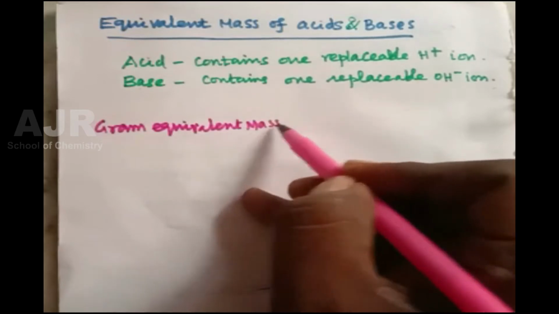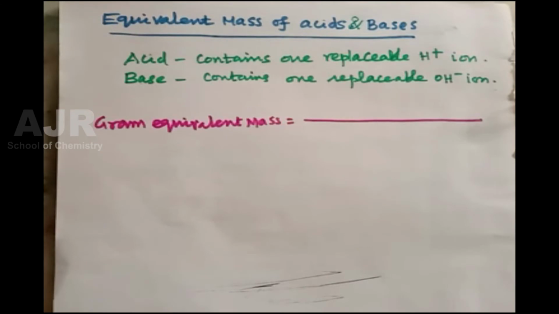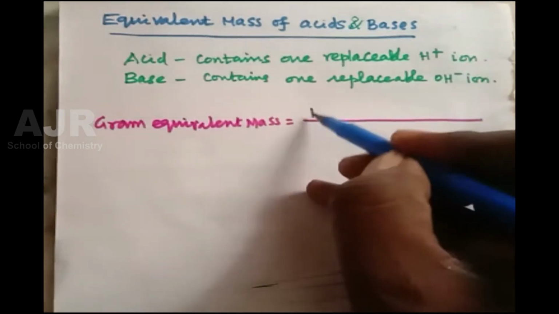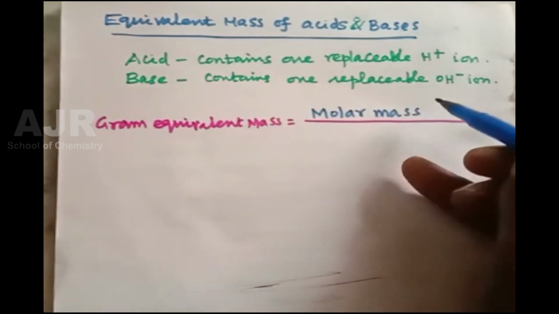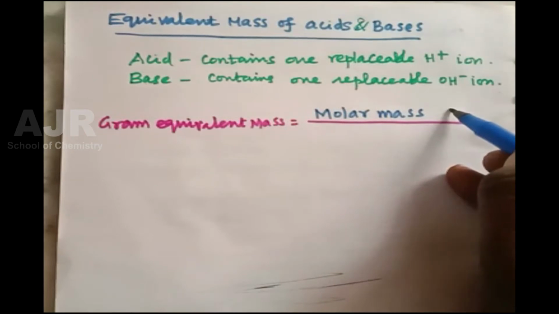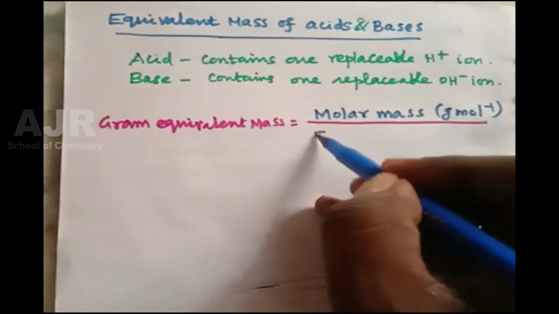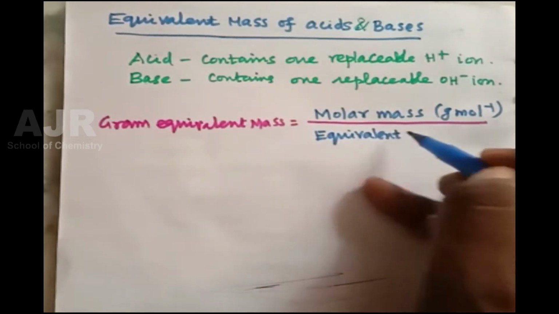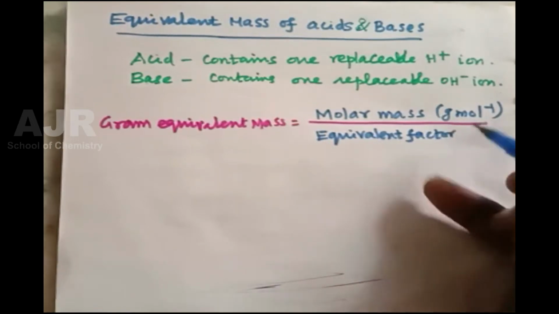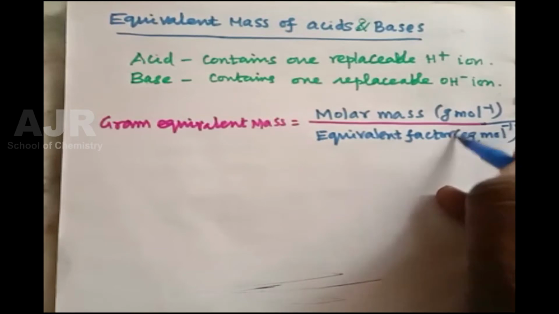The formula for the calculation is: gram equivalent mass of an acid or base is equal to the molar mass of the acid or base, in gram mole inverse, divided by the equivalent factor, in equivalent mole inverse.